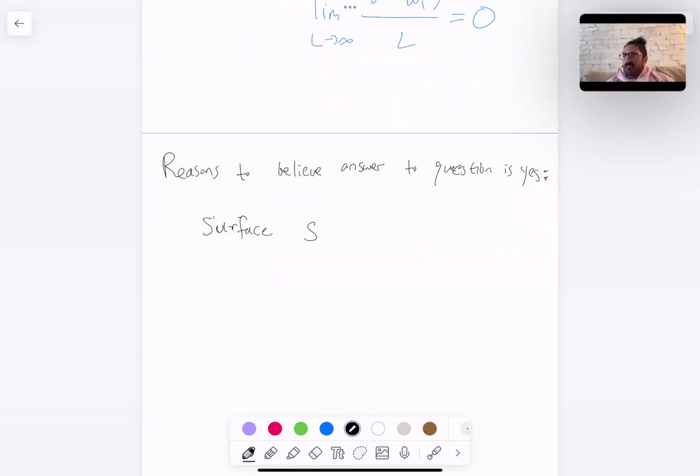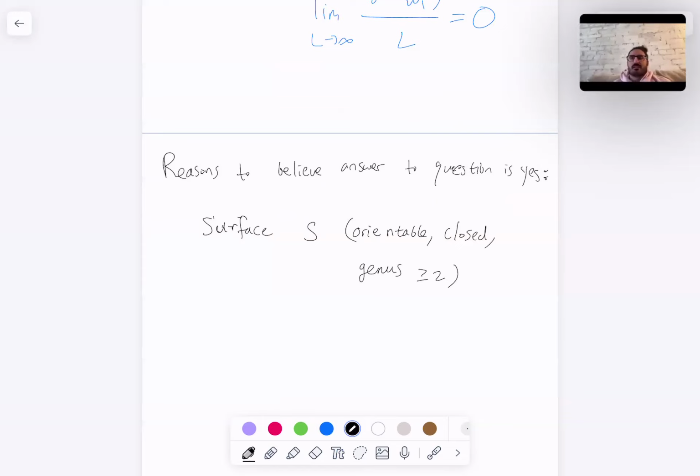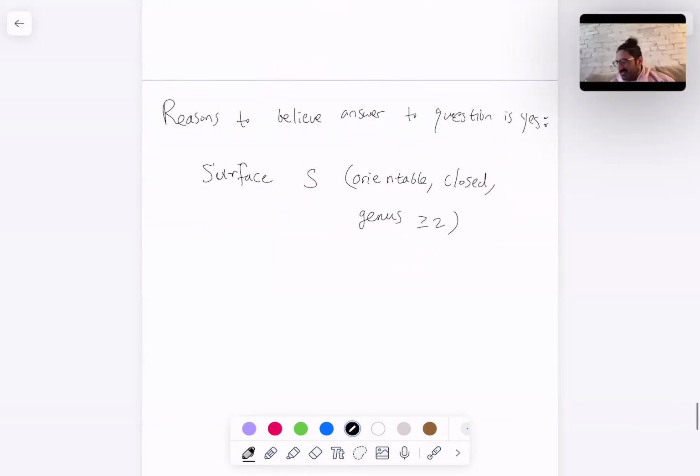S. Let's say, just to make things simple, okay, orientable, closed, genus at least two, just to avoid some degenerate simple cases. Okay.